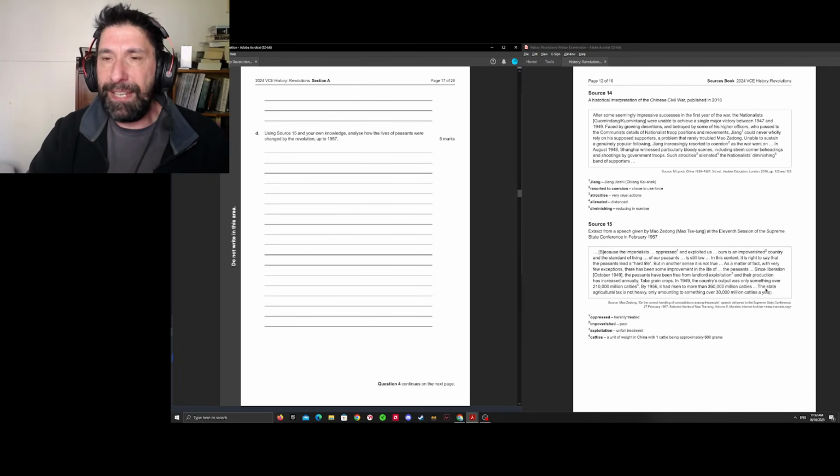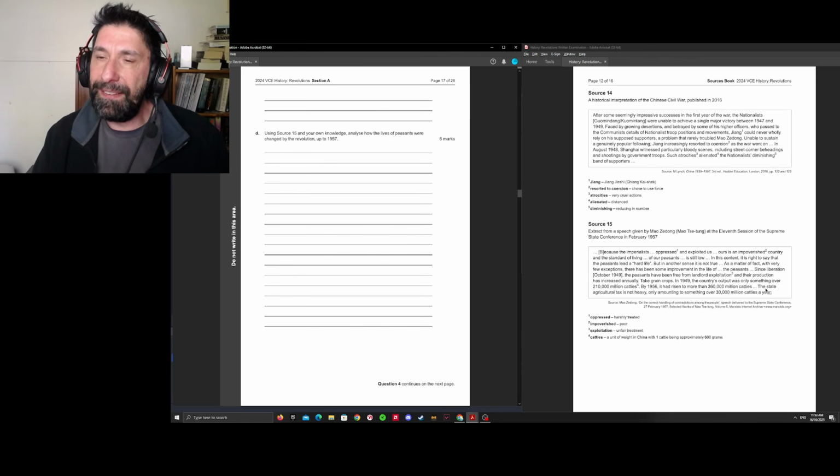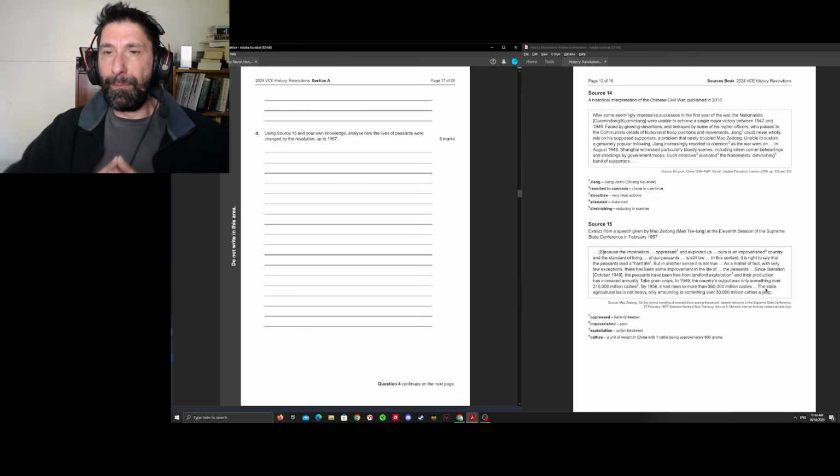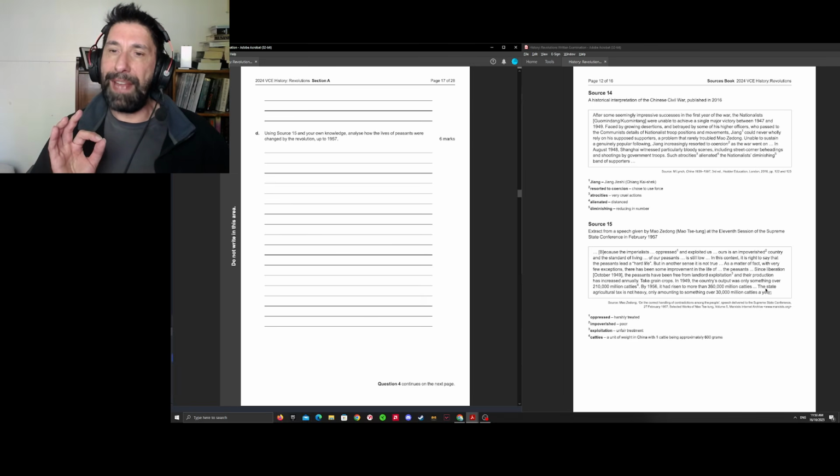Now, the debate within, and you'd know this as well, within the CCP leadership was it a problem with the whole system of collectivization? Mao's answer was, the reason why grain production and agricultural production had not increased as much as they had hoped was because collectivization hadn't been implemented strongly enough within China.